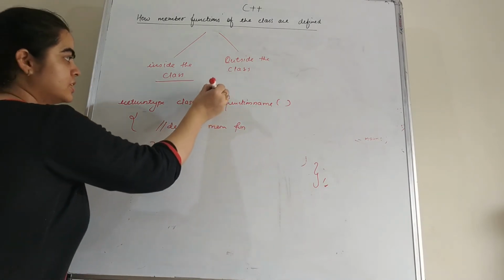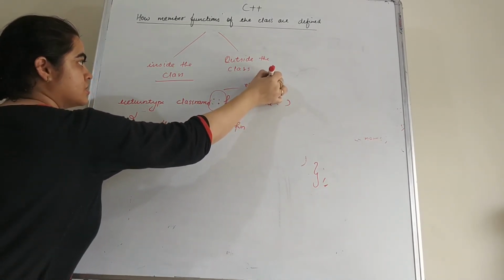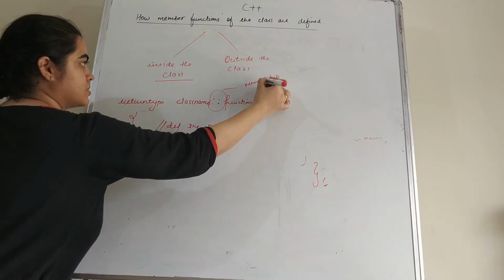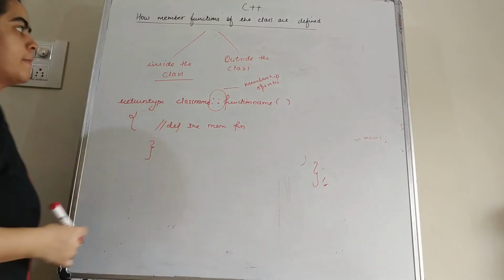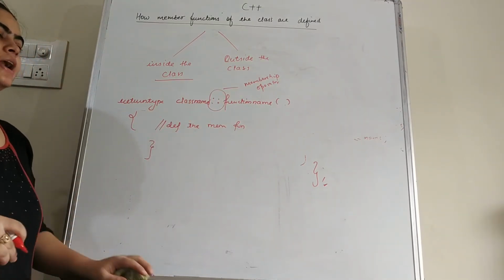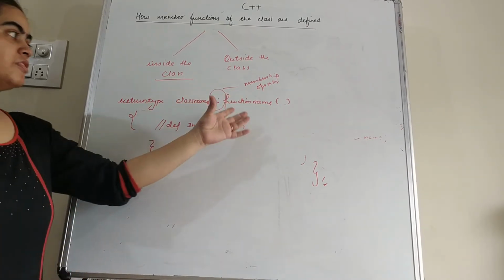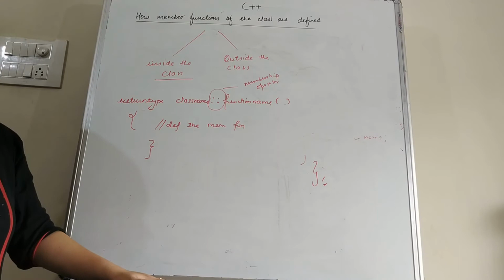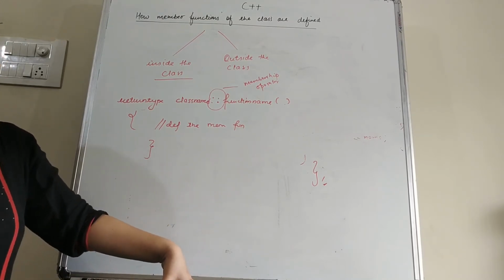See students, this symbol is known as a membership operator or membership label. Now students, this membership operator tells that this function belongs to this class, because we are now going to define a function outside the class, and in a single program we have multiple classes.